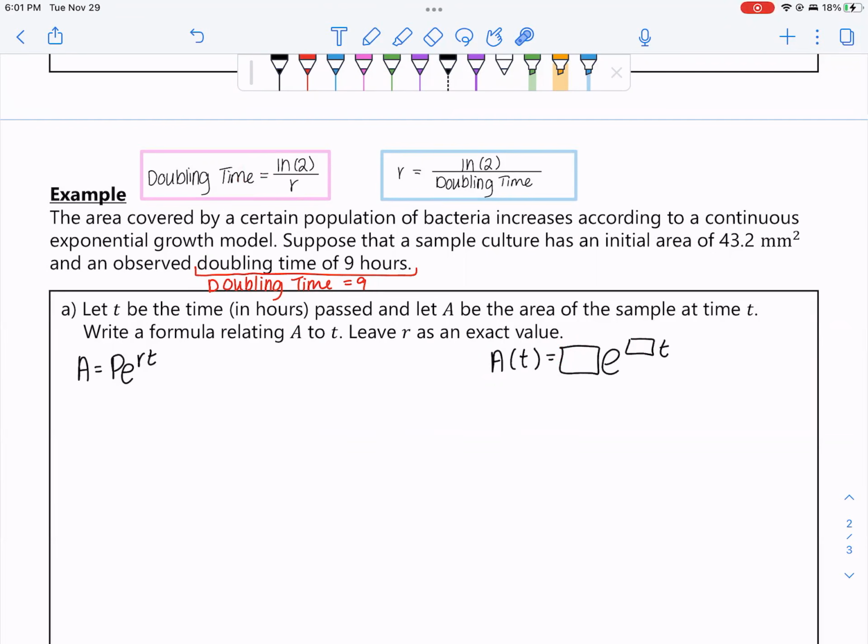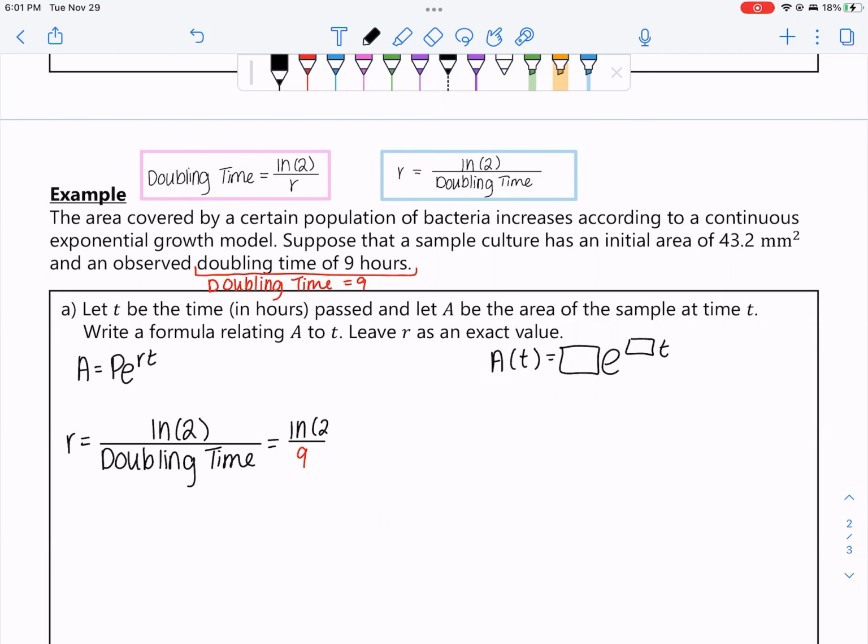R, no big deal. We can use this formula right here. R is equal to, doubling time is on the bottom, but I want to center it, so I'll write it first. Boom. ln2 over doubling time. We know the doubling time is 9 hours.